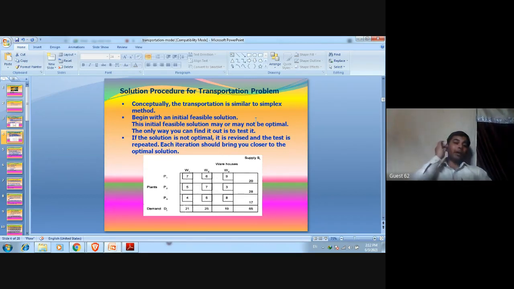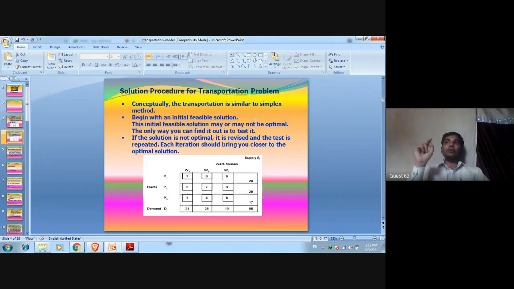Again, when we were solving the simplex method, we were trying to get the optimal solution. But when we solve the transportation problem, first we will find the initial basic feasible solution. In short, we will also say IBFS, initial basic feasible solution.